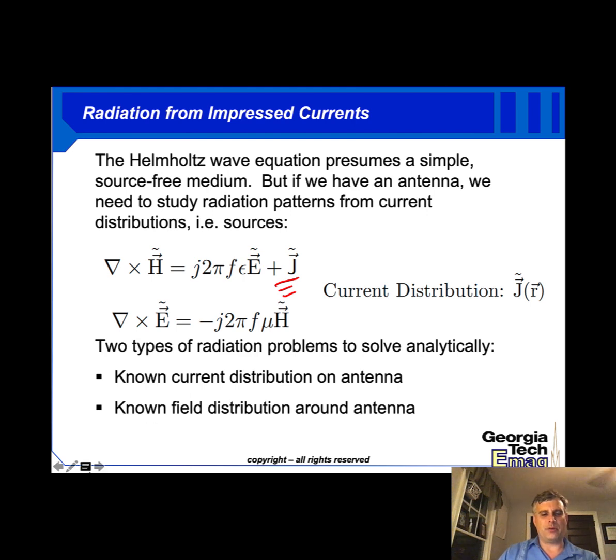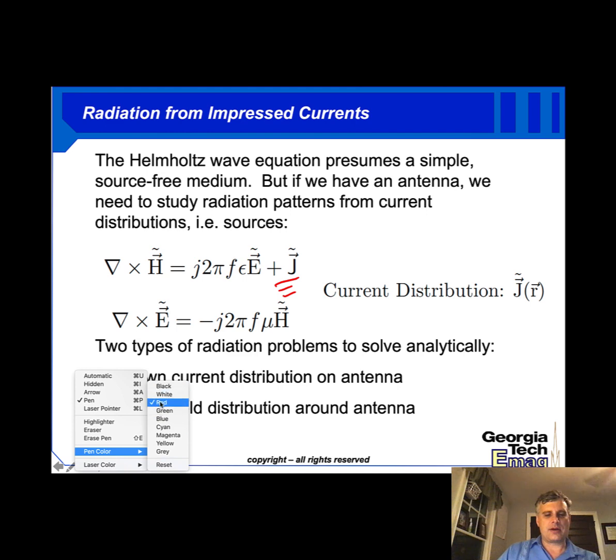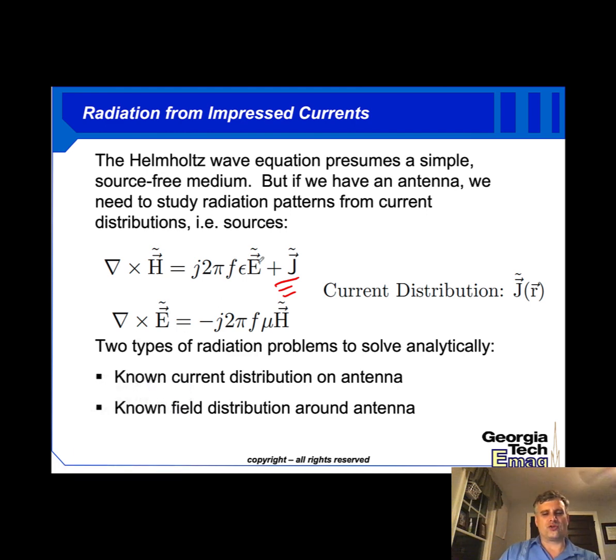Because you remember from the Helmholtz wave equation, when I derived that equation in the previous lecture, I took the curl of H and then I took the curl of it again. And that allowed me to take the curl of E on this side and plug this straight into here. And then I had a beautiful thing that had only curls of H's. But if I leave this J term in, I'm going to have a curl of a J, which is really challenging to work with mathematically. And so we have to come up with an alternate system.